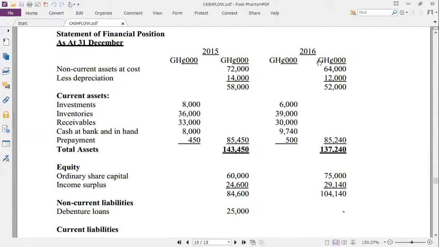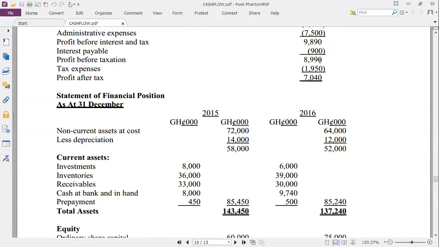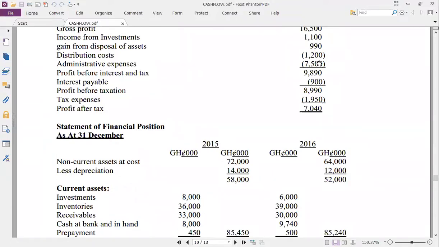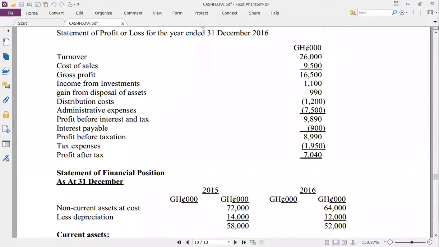Okay, so let's scan through. For the lease aspect, we just need the rental payment. The rental payment will be under financing activity. Then we are done.